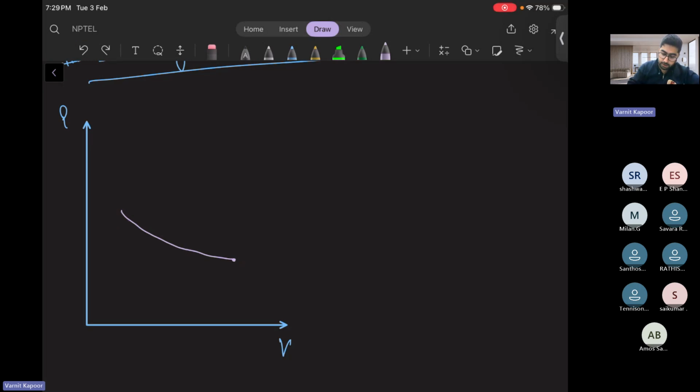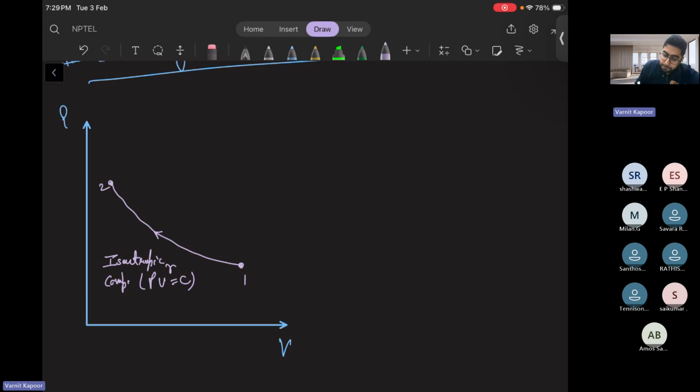Let me again make this bigger. 1 to 2 is isentropic compression, that is PV to the power of gamma is equal to constant. 2 to 3 is constant pressure heat addition.